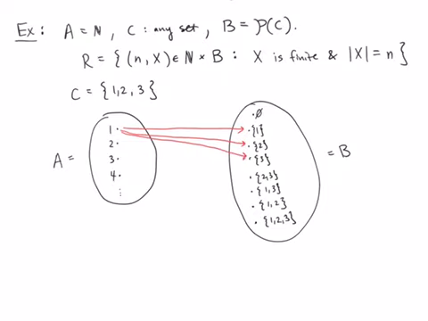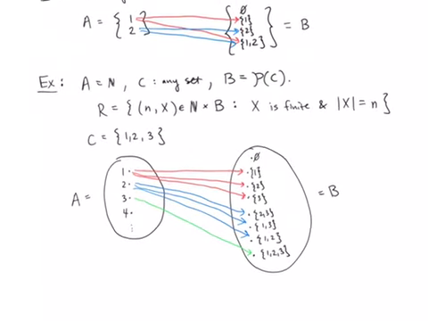And then 2 is going to go to everything with 2 elements in it, and there's 3 of those as well. And 3 goes to the 1 subset there with 3 elements. And nothing goes to the empty set because the empty set has 0 elements in it, and there's nothing coming out of any of the other natural numbers because those natural numbers would correspond to subsets with more than 3 elements, of which we don't have any in our set B here.